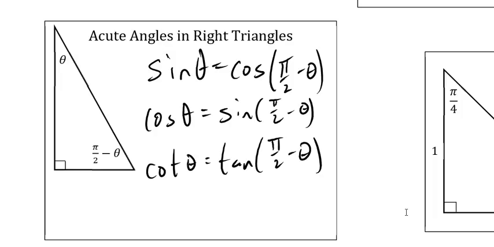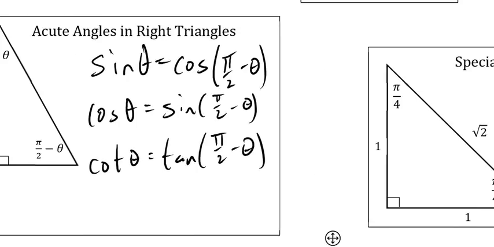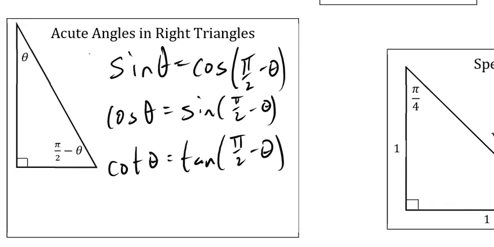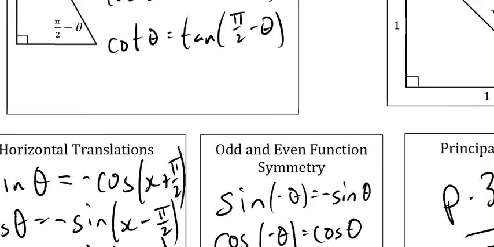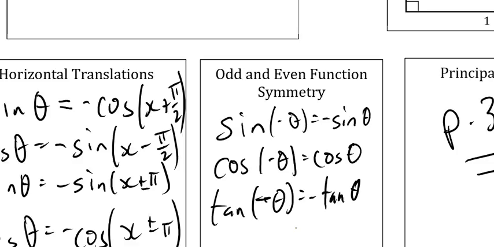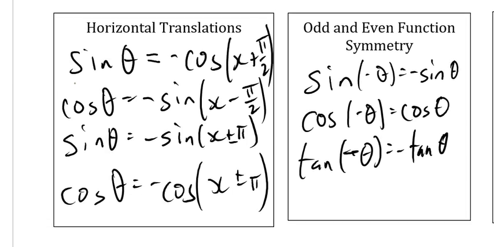For example, here is one of my acute angles in right triangles, and cosine of pi by 2 minus theta is the same as cos bracket, if I factor out the negative, bracket theta minus pi by 2, which may have been one of your horizontal translations between sine and cos down there.